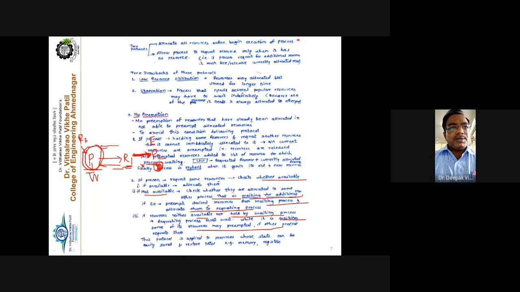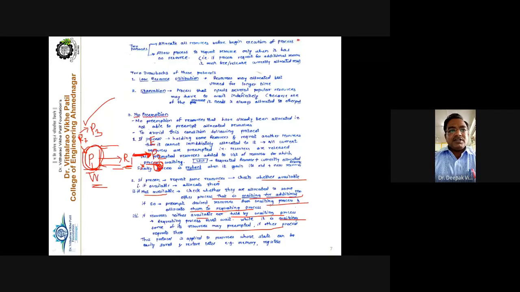The conclusion is that P1 has to wait, and when P1 enters the waiting state, its resources may be removed. Getting my point or not? When P1 enters the waiting state, whatever resources are allocated to P1, for example R7, may be allocated to the P3 process. So this is the case.